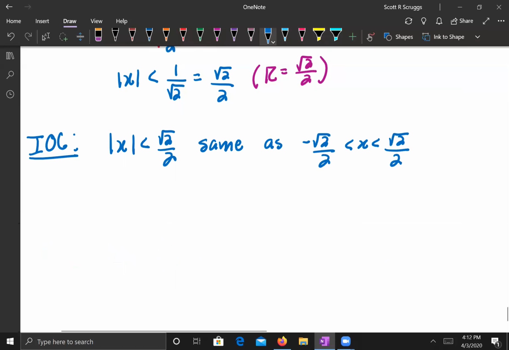So that means our guess for the interval of convergence is negative root 2 over 2 to positive root 2 over 2. And now we have to check and see if we can include our endpoints.